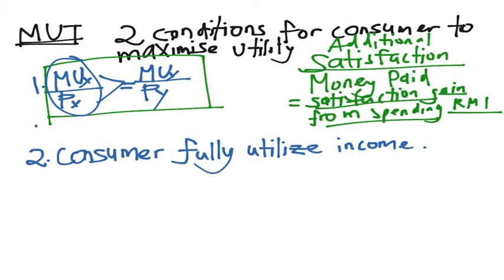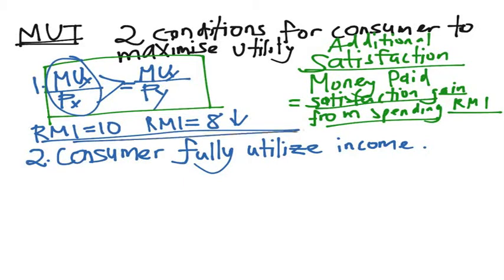Because if, for example, RM1 spent on X gives you a marginal utility of 10, and RM1 spent on Y just gives you an additional utility of 8, of course you can reduce the consumption of Y by 1 ringgit and spend it on X. This will give you more satisfaction, right? Okay, so that is why when the marginal utility of X divided by the price of X is equal to the marginal utility of Y over the price of Y, this is when the consumer maximizes satisfaction.